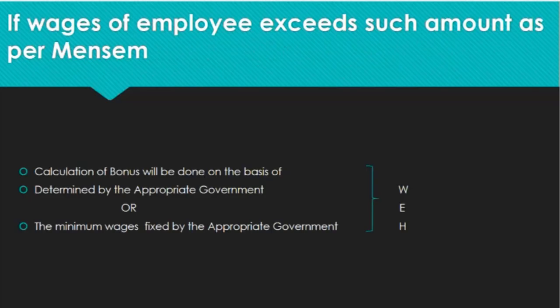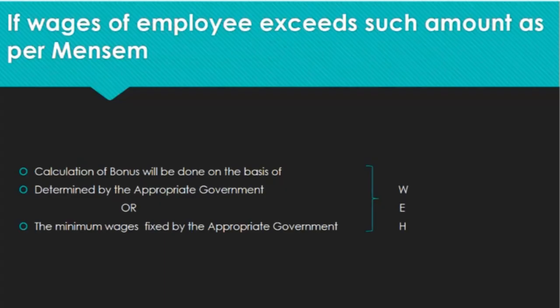If the wages of the employee exceed the amount per mensem, so if it goes above the threshold limit of 15,000, then what will be the bonus? Okay, then the bonus will be calculated as per the minimum wages fixed by the appropriate government, or as per the per mensem wages that will be prescribed by the appropriate government.